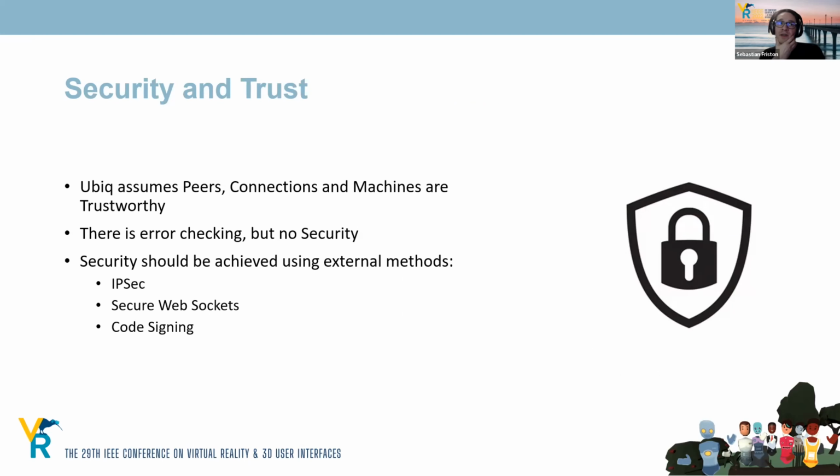Okay, so one of the last things I want to directly address is security, which is a pretty important topic for any network system. Ubiq operates by design in a high trust environment. So we assume everything in Ubiq is trusted. The other peers are trustworthy, the connections between them are secure, and the user code is benevolent.